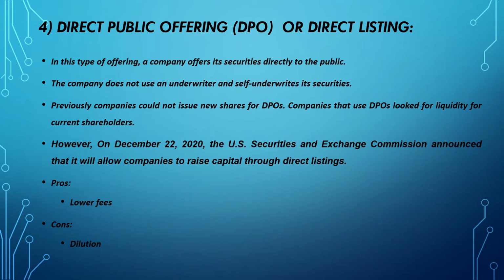Another method of going public is a direct public offering or a direct listing. In this type of offering, a company offers its securities directly to the public. In other words, the company doesn't need to use an underwriter and it can self-underwrite its securities.